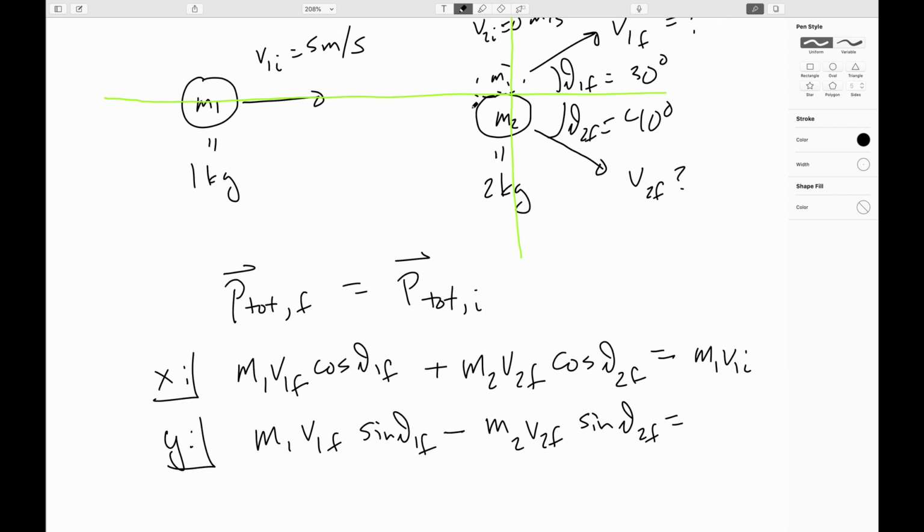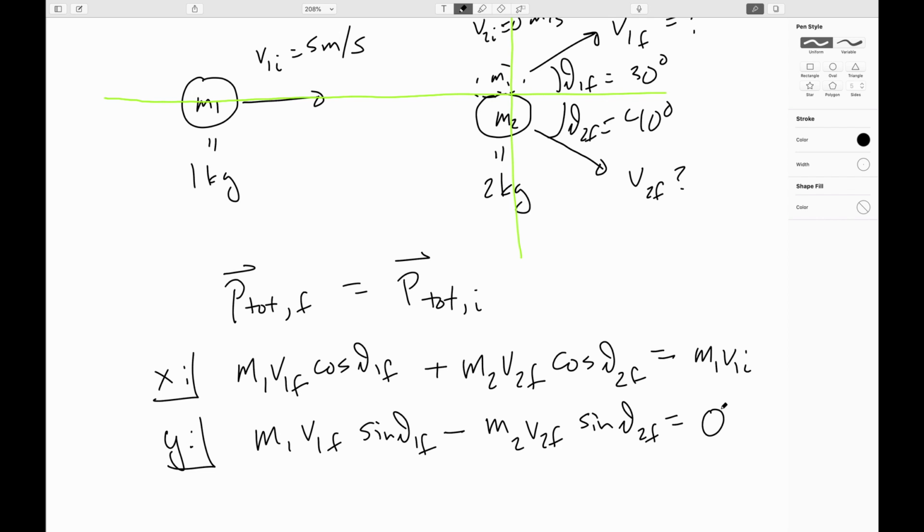We already know m2 isn't moving, so that's 0. But here, because we set the x-axis to go along the direction of motion of the one thing that was moving, this has no up and down component at all. So that means the initial y component of momentum is 0.